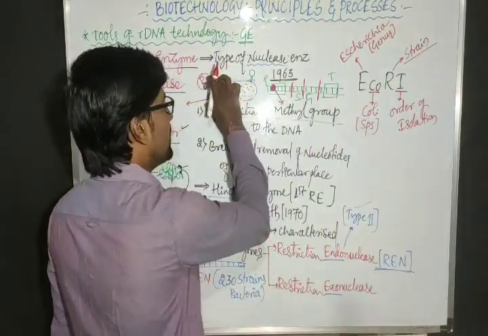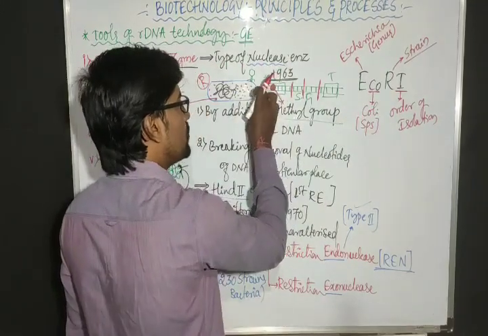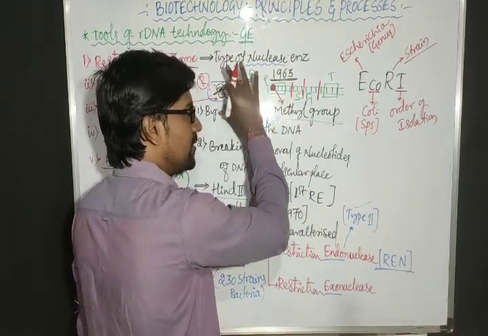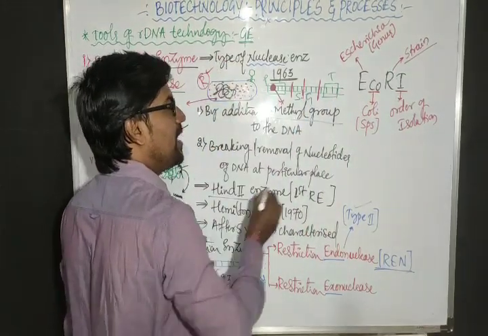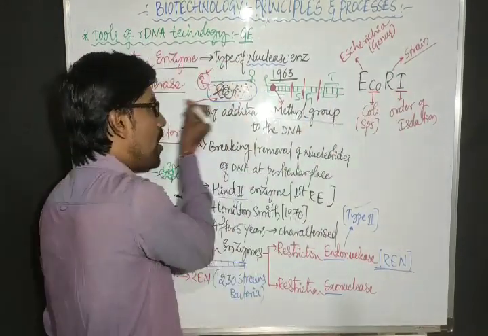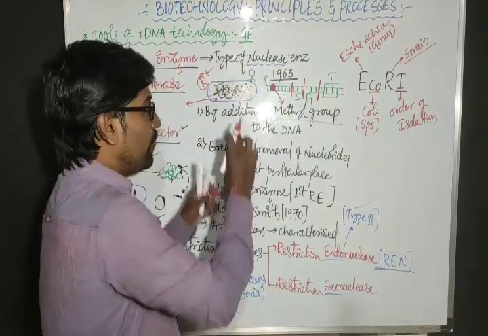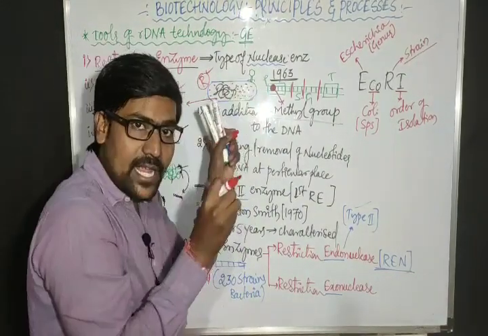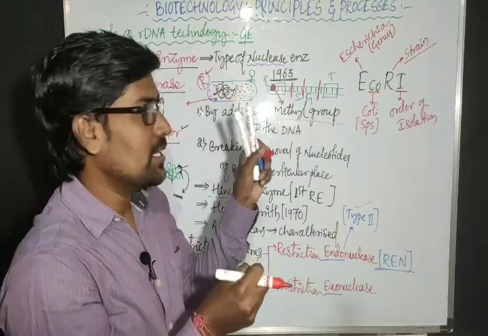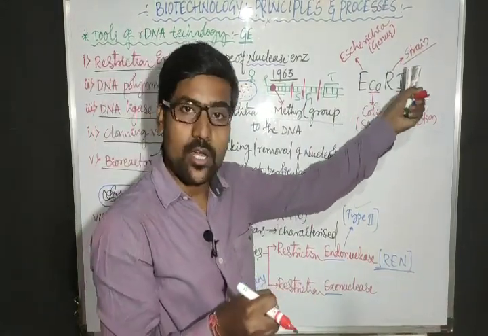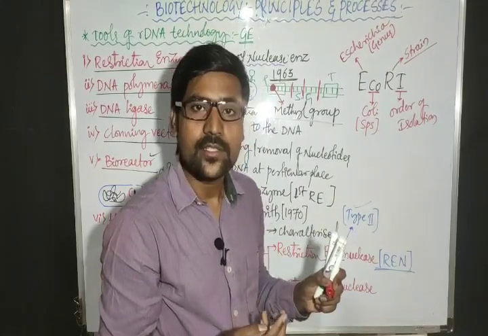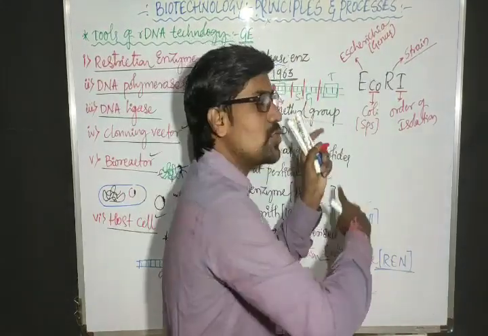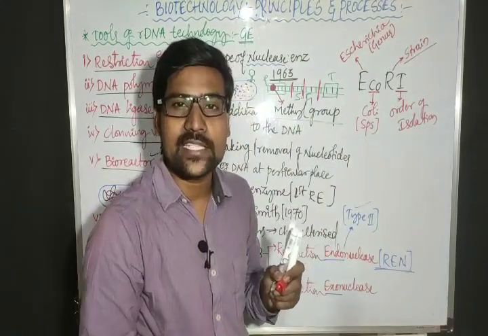E stands for Escherichia, CO means coli, Escherichia coli, the full name of the bacteria. R means this is the strain of the bacteria, and the number indicates the order of isolation. From the same bacteria, if they isolated a second enzyme they will name it EcoR2, and for the third enzyme, EcoR3.